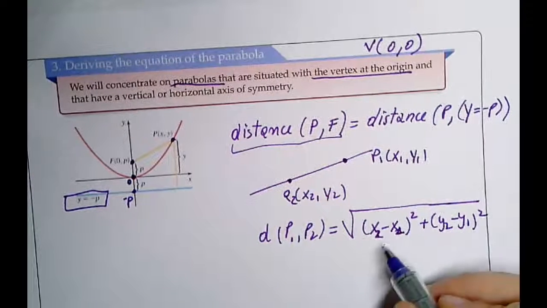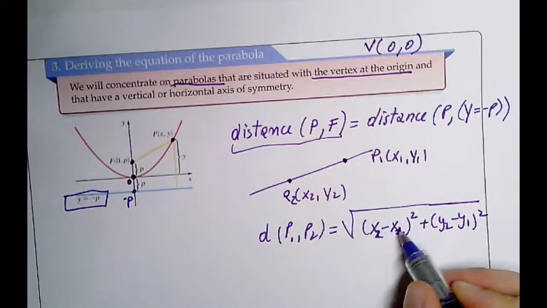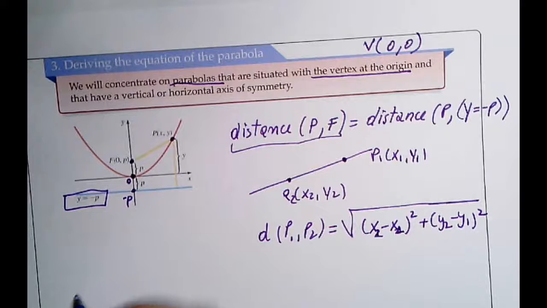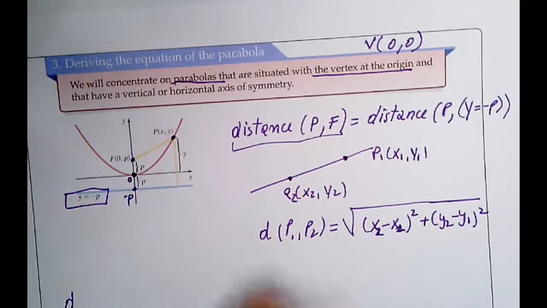It doesn't really matter if I put x1 minus x2 or x2 minus x1, because I'm going to square the quantity. So that makes that the distance, so let's call it d.